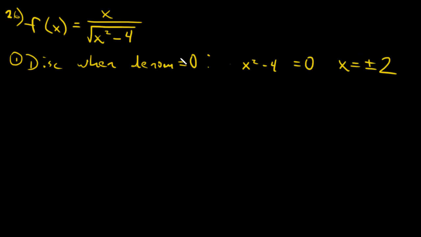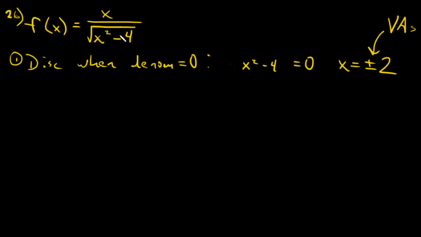Now those values, the bottom goes to 0, but the top does not, so what are they? Exactly. These are vertical asymptotes right here. Alrighty? But there's something else to think about.